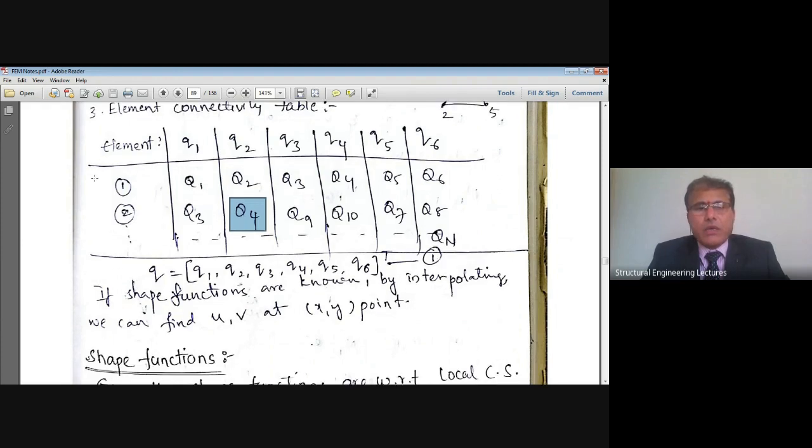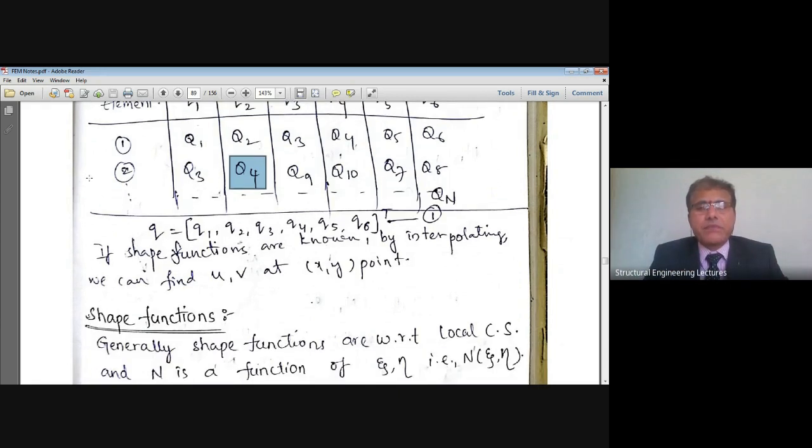That is how this element connectivity table will establish a relation between local and global degrees of freedom. Now we can write the nodal displacement vector or element displacement vector. Elements will have nodes. This element or nodal displacement vector is notated by small q, q1, q2, q3, q4, q5, q6 transpose, which is a 6 by 1 vector.